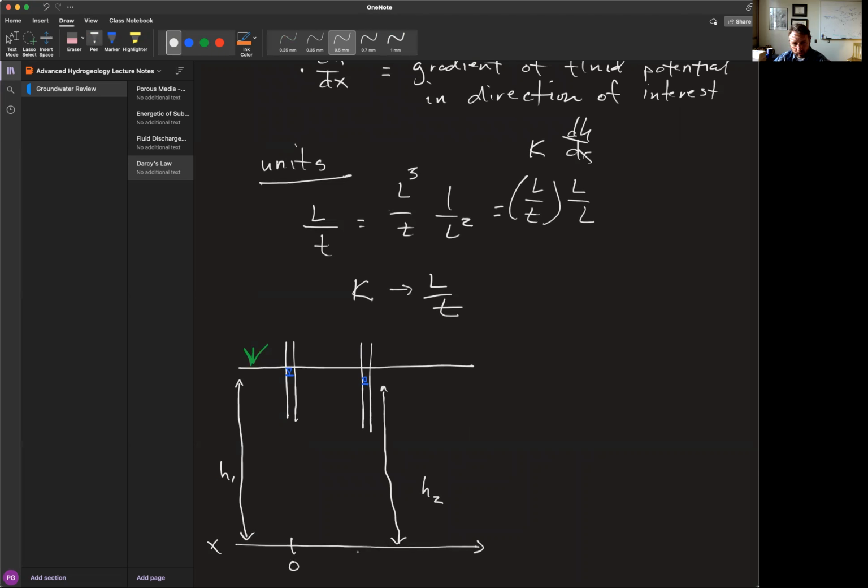And this is X equals 0, and X is increasing. So let's have this be X equals 10, and let's call this one 10 meters, and let's call this one 9 meters.